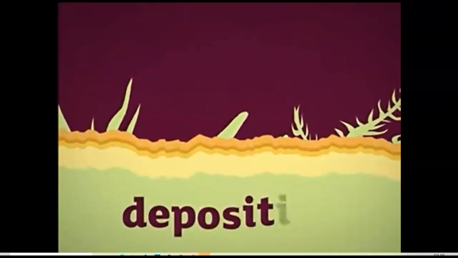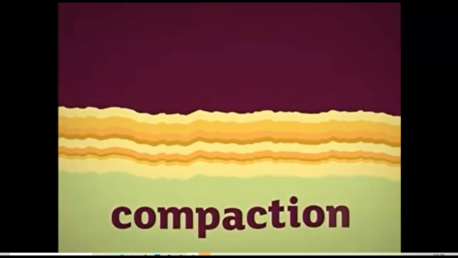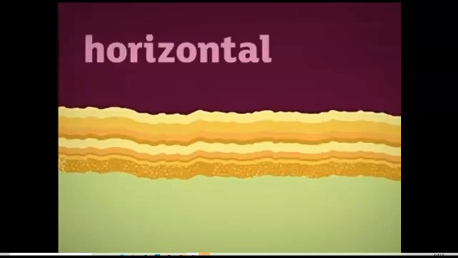This is called deposition. More layers of sediment are deposited on top. Over millions of years, the weight of the layers above compress the ones below, and they harden into sedimentary rock in a process called compaction. Sometimes another substance seeps between the sediments and hardens, sticking or cementing the sediments together. The whole process leads to the formation of horizontal layers of sedimentary rock.